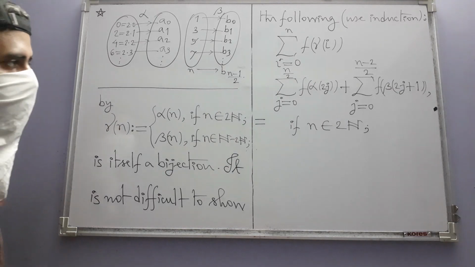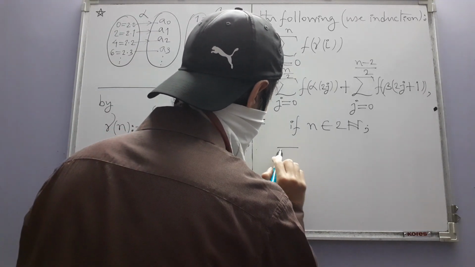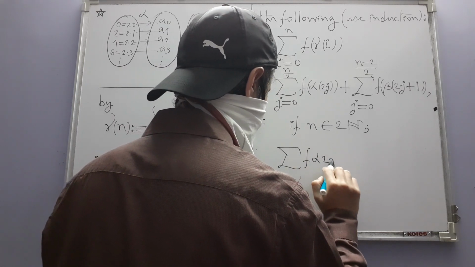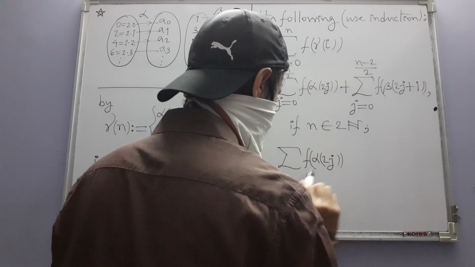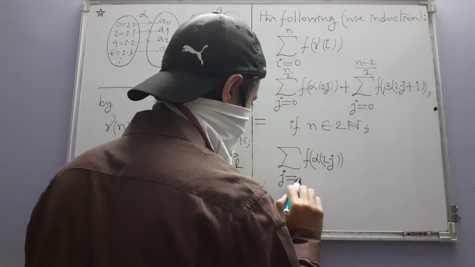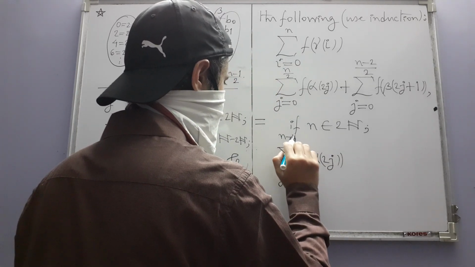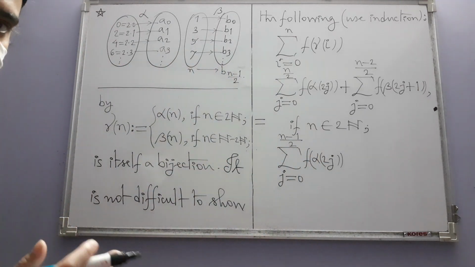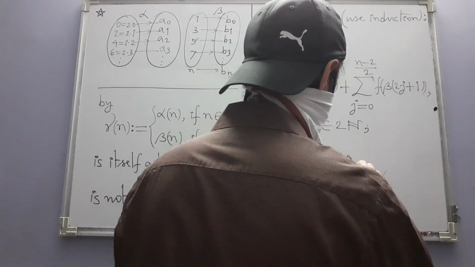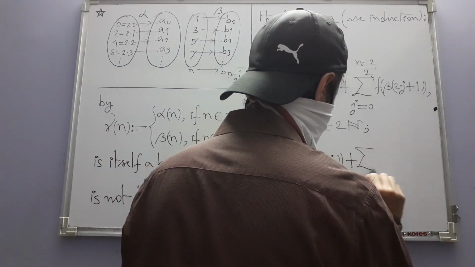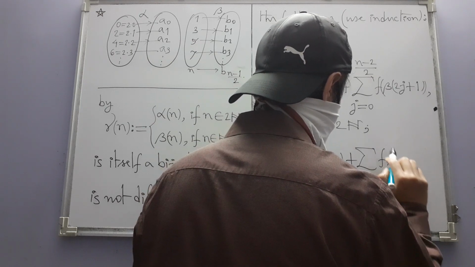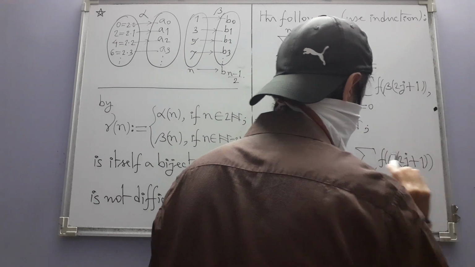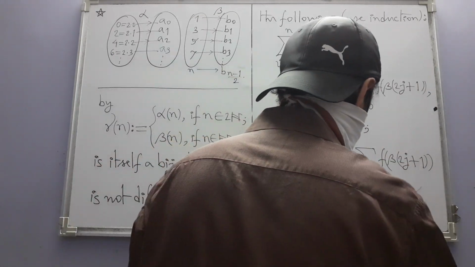Then we have this, whereas if n is odd, then in the first sum j varies from n minus 0 to n minus 1 over 2, and in the second sum also the same variation, but here it is the beta values.